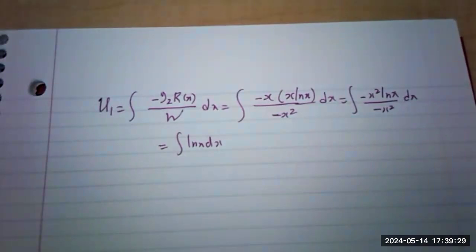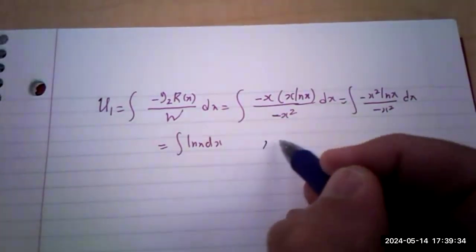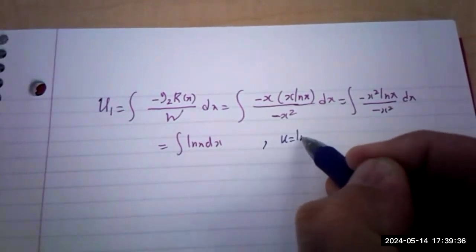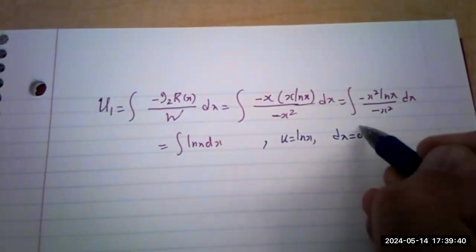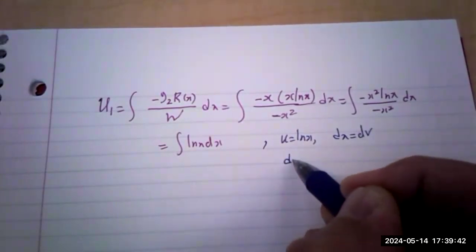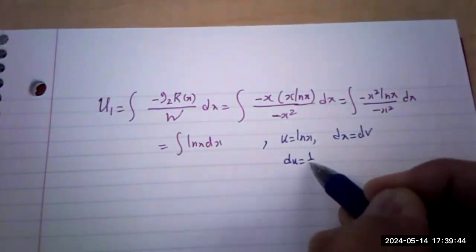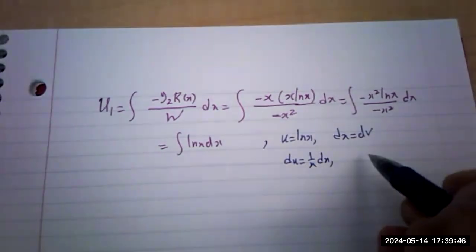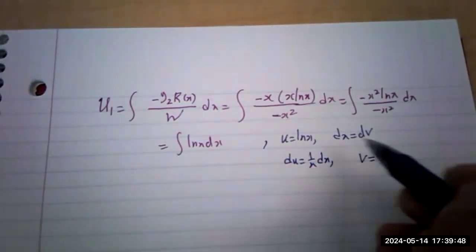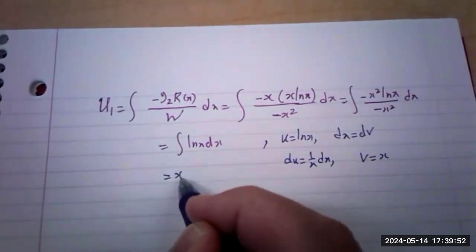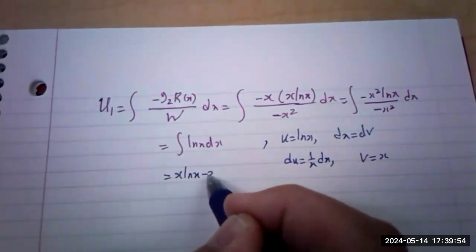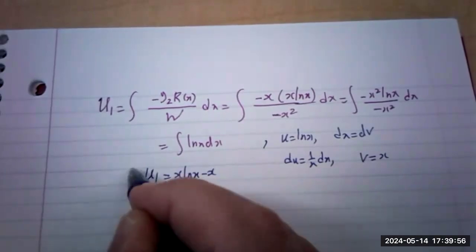You know that you can use integration by parts to find it easily. You take u to be ln x, and dx to be equal to dv. If you cross multiply, that gives you x ln x minus x.